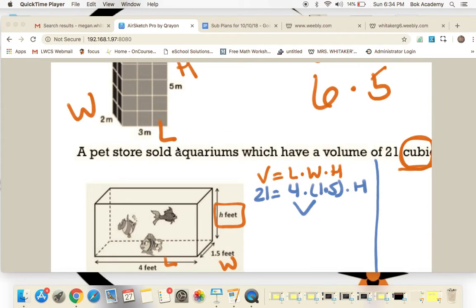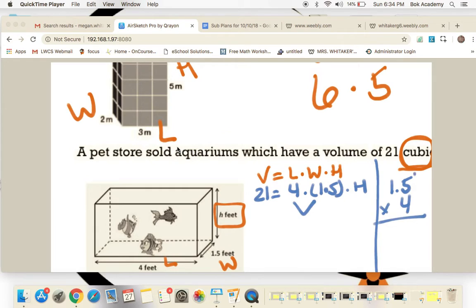I tell my students I always put the ones with the most digits on top when we're multiplying, which in this case is 1.5, that has 2 digits, and then I'm going to put the 4 in the bottom and multiply.